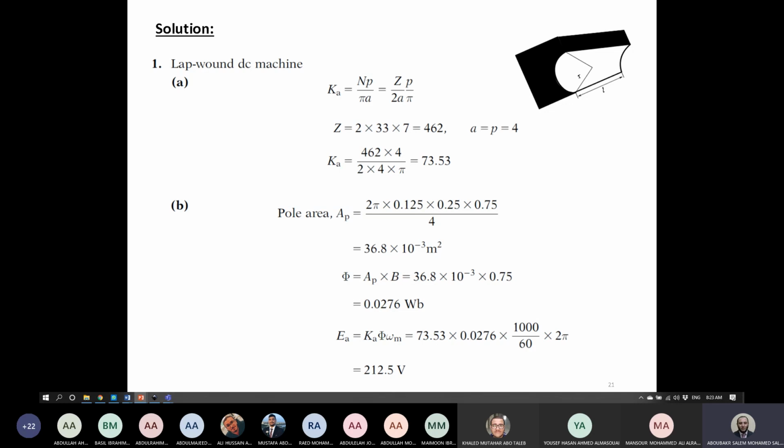However, if you have 4 poles, this means you have N S, N S, so the flux can move in 2 directions, from one N to another S, and from the other N to the other S. This is the way. However, we cannot have an odd number for any machine. All poles have to be an even number.